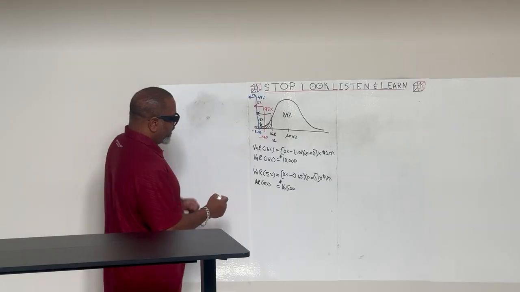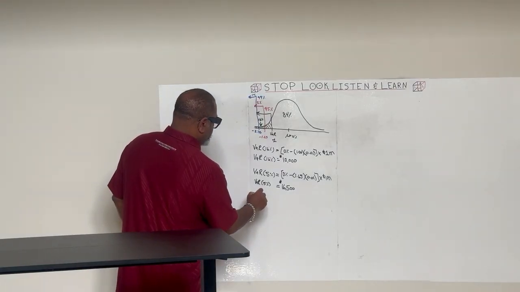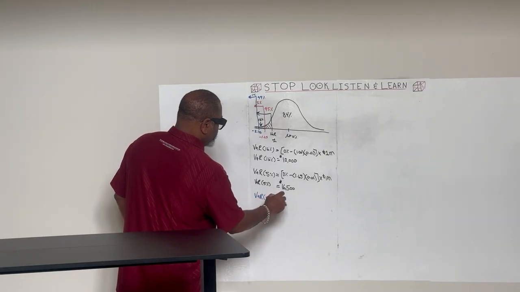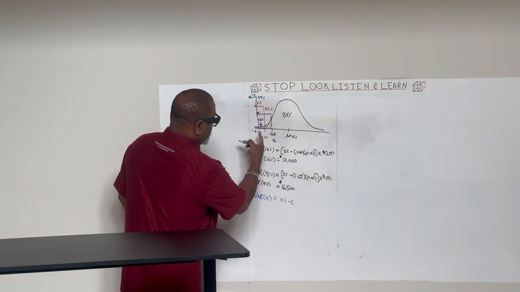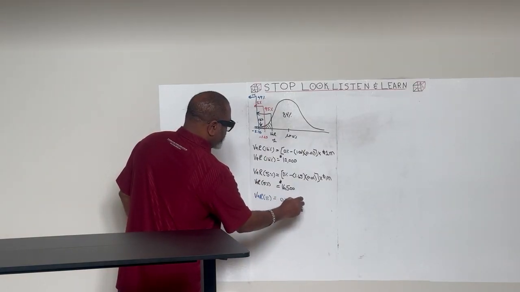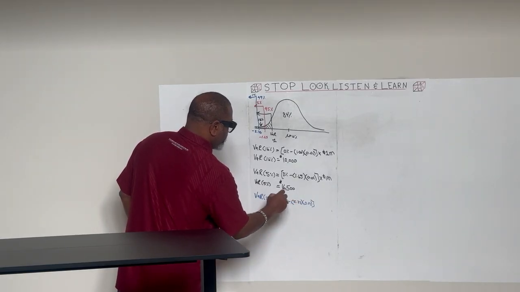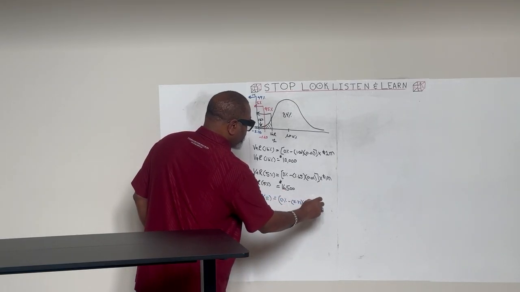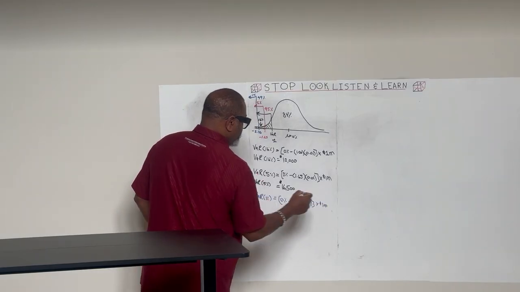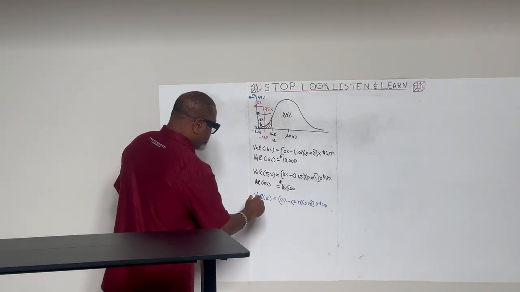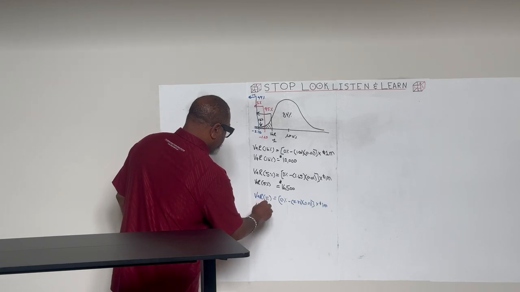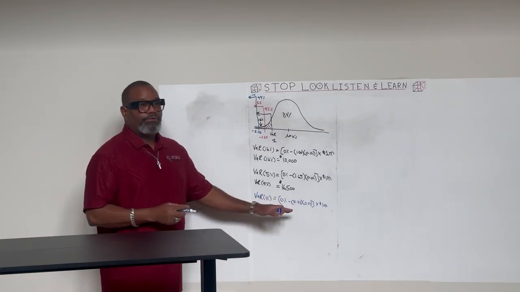And then if we want to calculate the 1% VaR, that would be equal to the mean of 0% minus 2.33 times the standard deviation, which is 1%. And again, all of that is going to be multiplied by our $1 million portfolio, because that's the value of the portfolio.